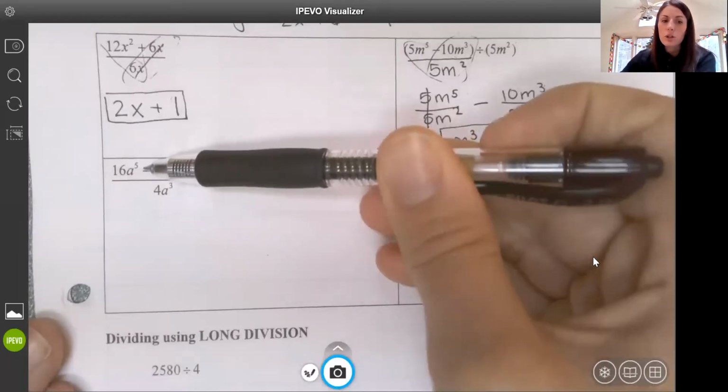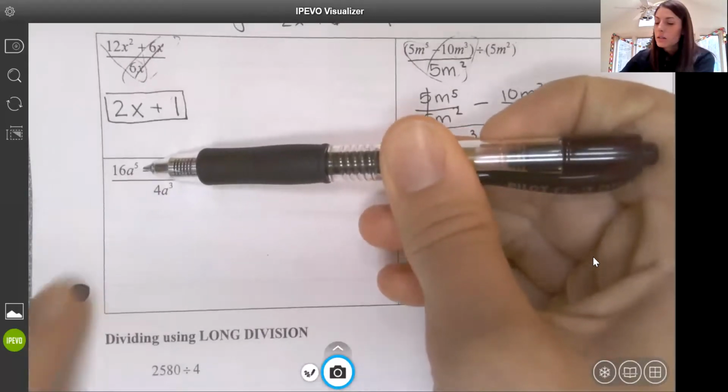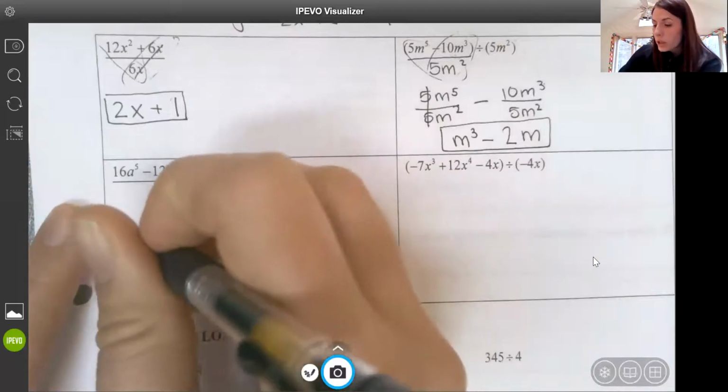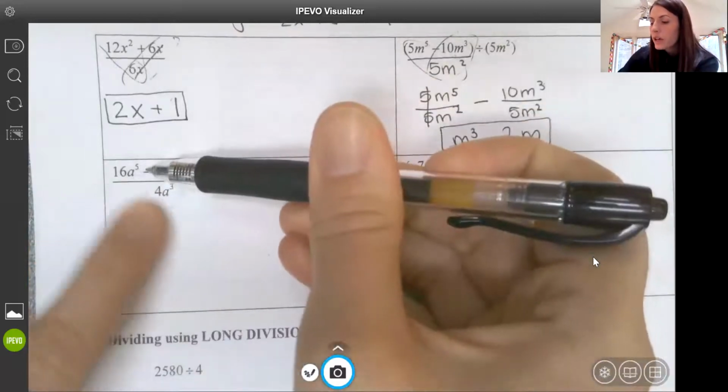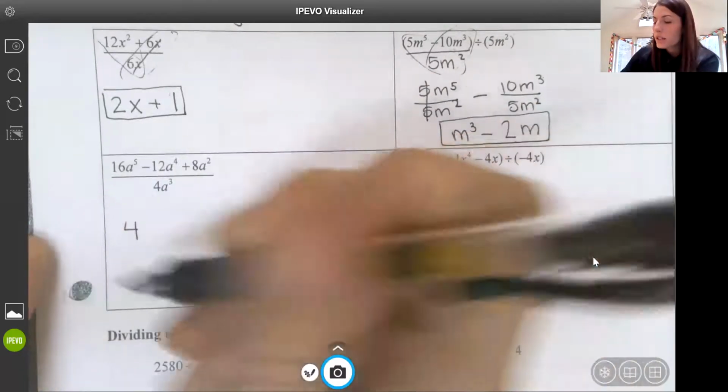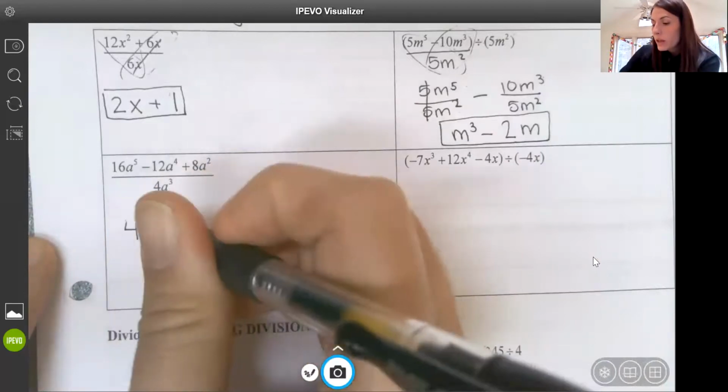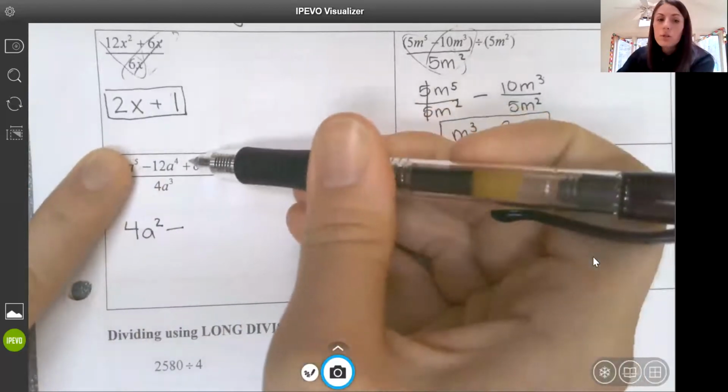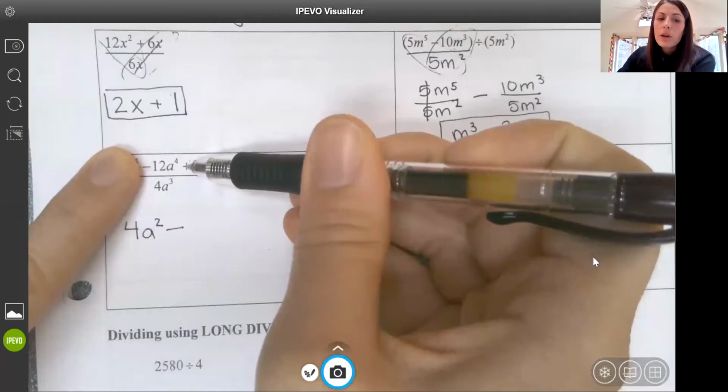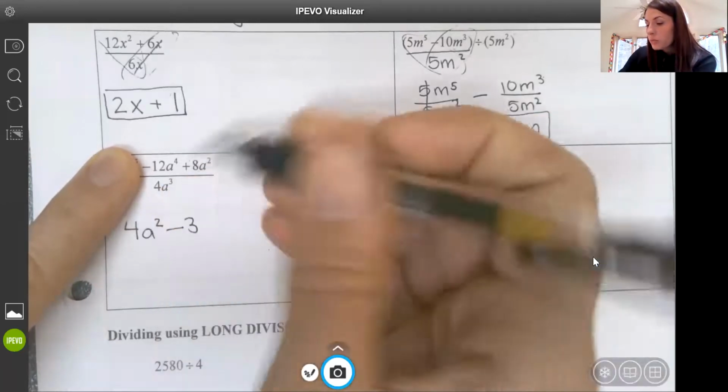So looking at the first term, 16 divided by 4 is going to give me 4. And a to the 5th divided by a cubed, subtracting, gives me a squared. Looking at my middle term now, negative 12 divided by 4 is going to give me negative 3.